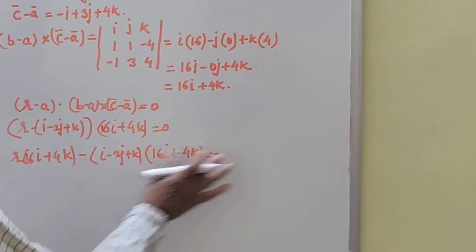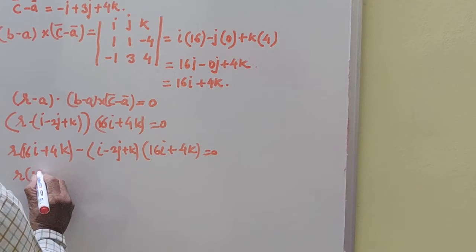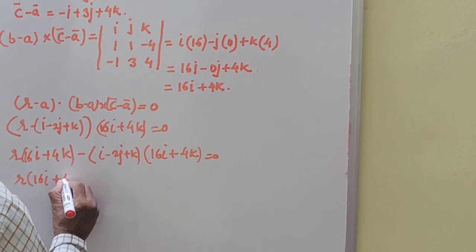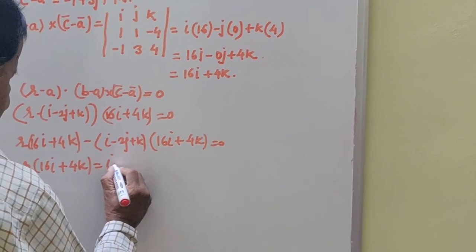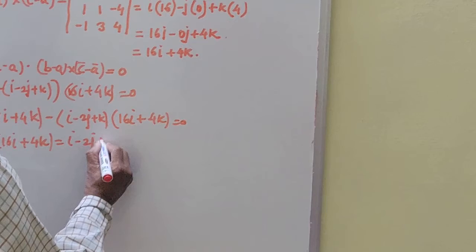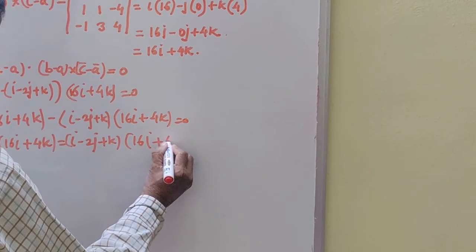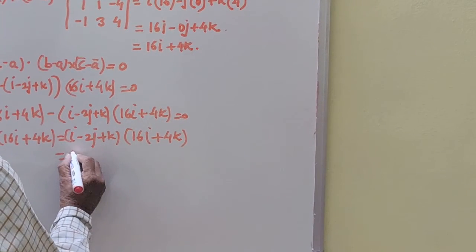Now I will transfer and simplify. So what am I getting? r into (16i plus 4k) is equal to (i minus 2j plus k) dot (16i plus 4k). Okay. Now 1 into 16 is 16.